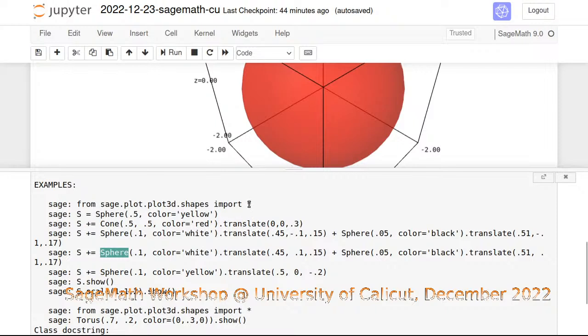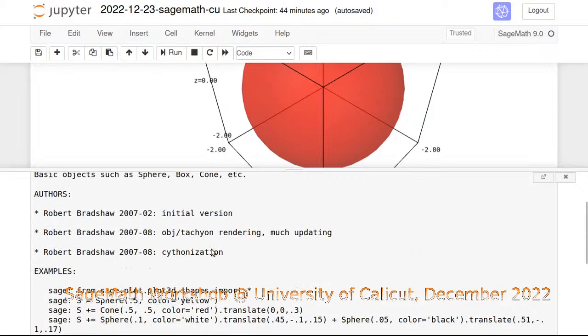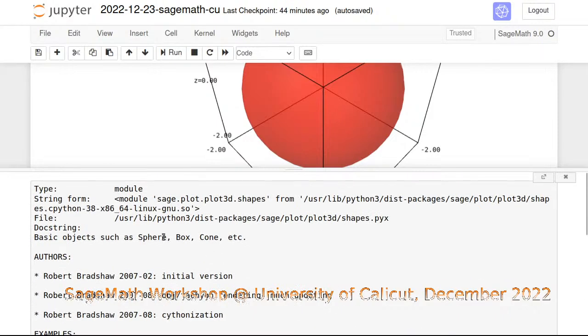So let us import everything together by the symbol import star. What we mean is import everything in that library. So we will get all the shapes: sphere we get, box we get, cone we get, etc. Remember that using the plot 3D command itself we can construct the sphere, box, cone, etc. But this gives a ready-made package to automatically construct the box, cone, etc. without going into defining the function for plotting a cone.